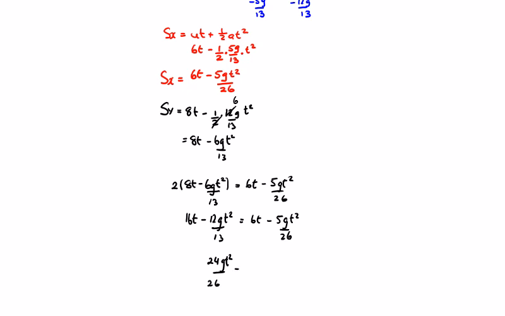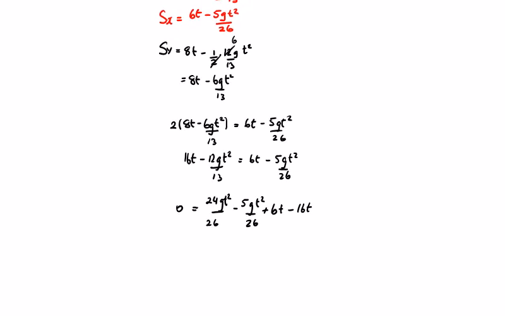If I bring that to the right and make it positive, I'll have minus 5gt²/26. And on the right hand side, we have a 6t, and then we'd be bringing over minus 16t. So we're going to have 19gt²/26 minus 10t. That would have to be equal to 0.